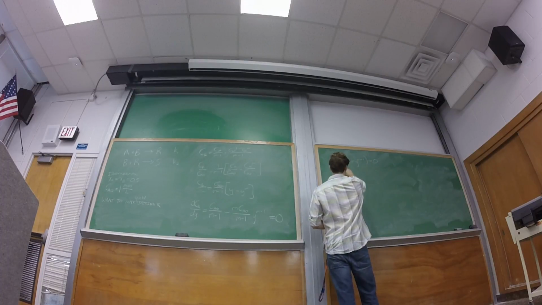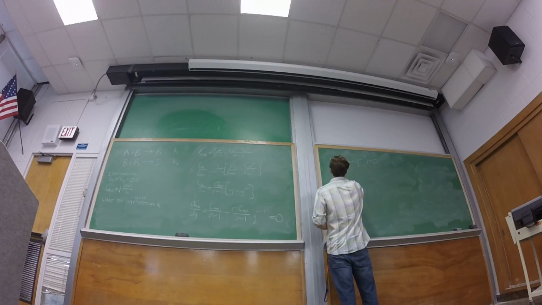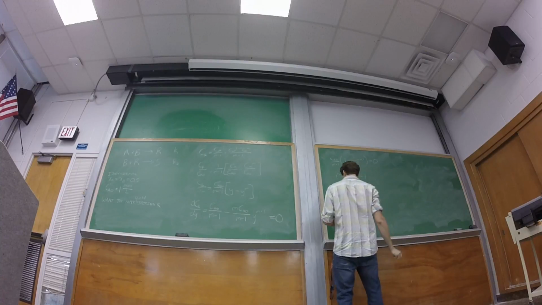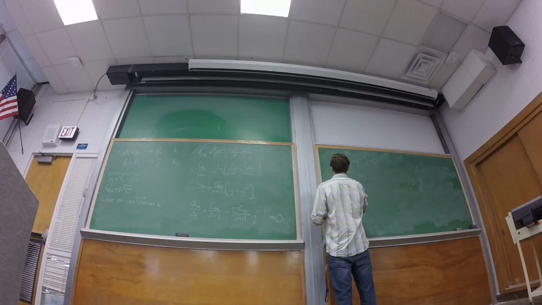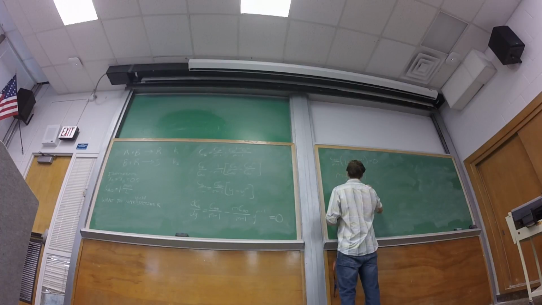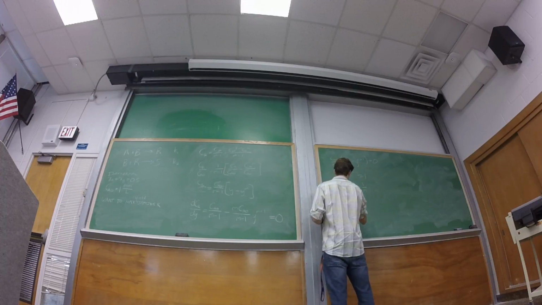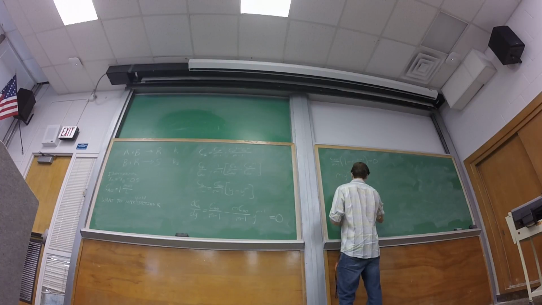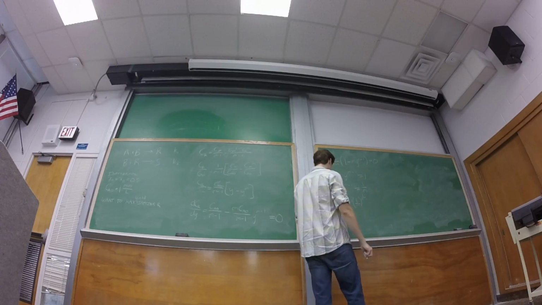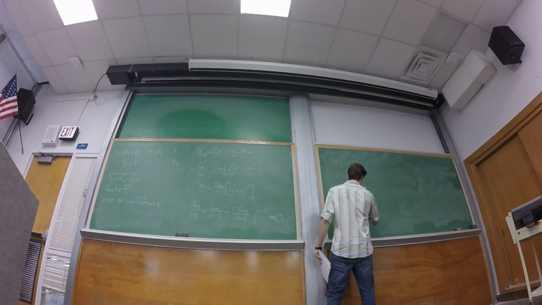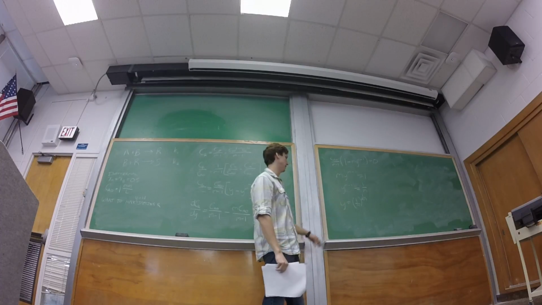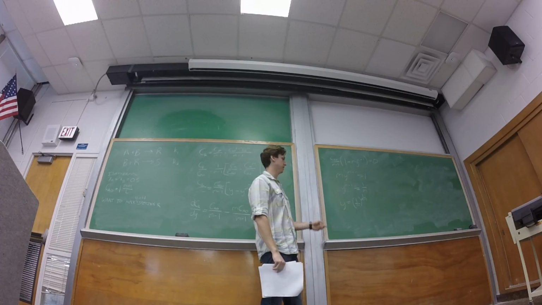So you can just set this equal to 0, and then rearrange it: m y to the m minus 1 equals 1. So you can rearrange it to get y in terms of only m. So it's y equals 1 over m to the 1 over m minus 1.